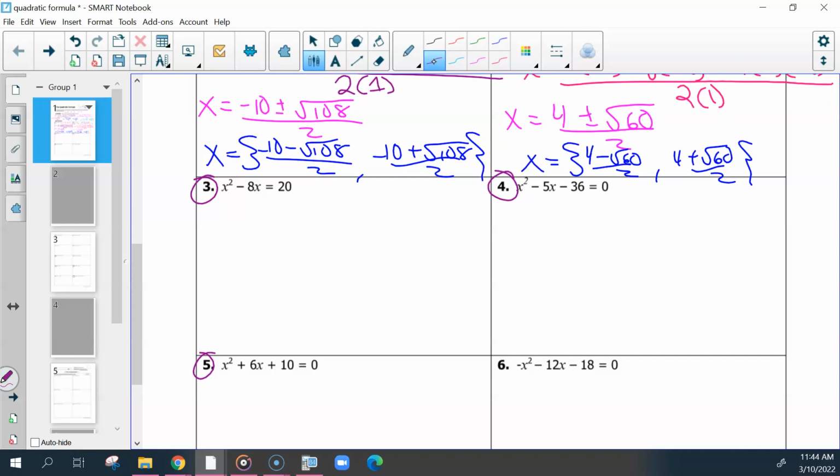Same thing. We need to move the 20 over. So again, I'm not actually subtracting it to either of these, I'm just moving it to the left. So we have x squared minus 8x minus 20.